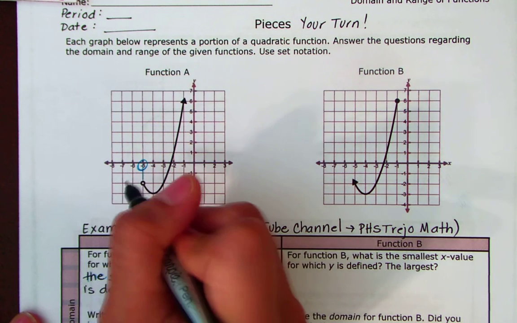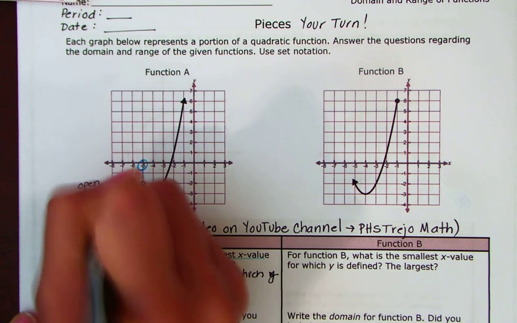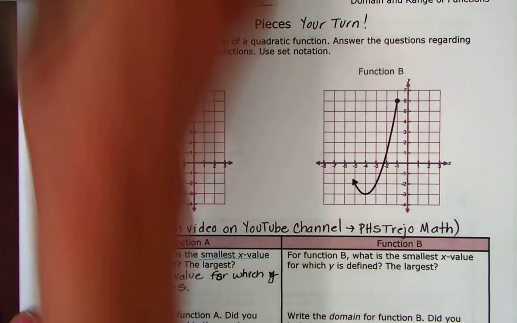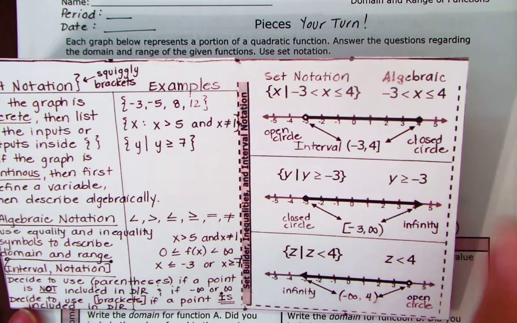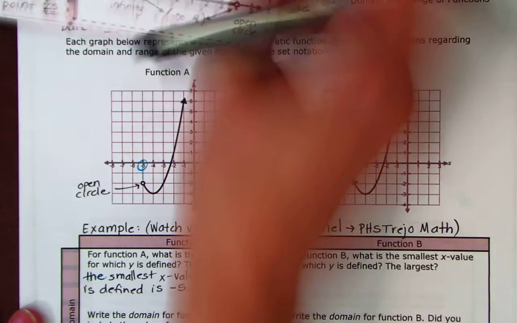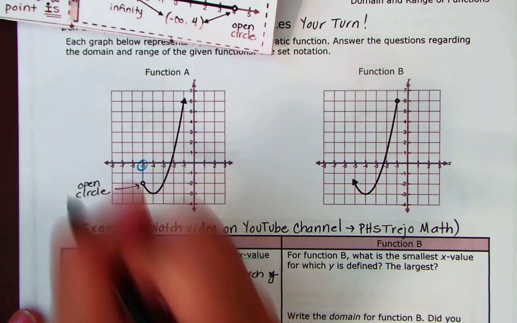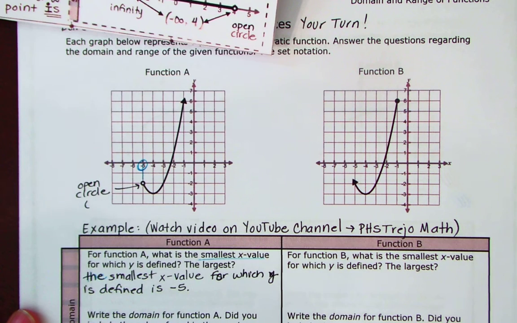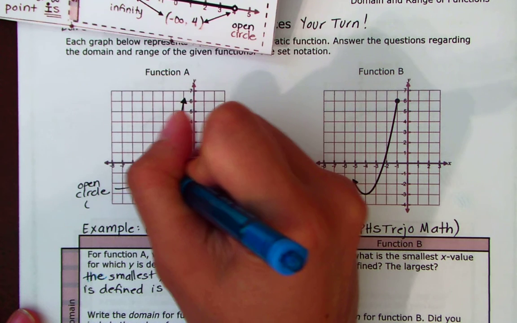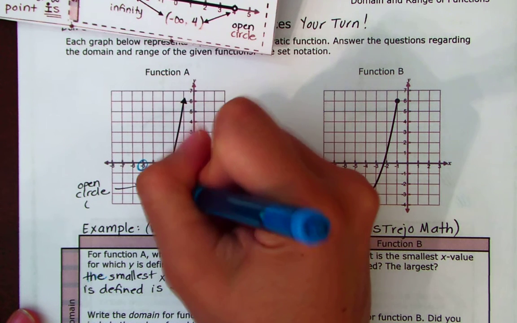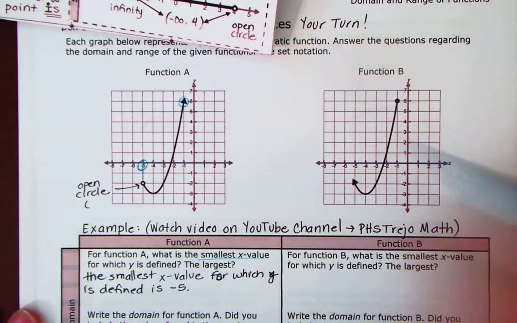This is, of course, an open circle. So what does an open circle mean? If you look back at your notes, an open circle means that you have a parentheses and not a bracket. And then at the very end it says what is the largest x value. As I move along the x-axis, the graph is defined for -4, -3, -2, -1, and at the very end it has an arrow.